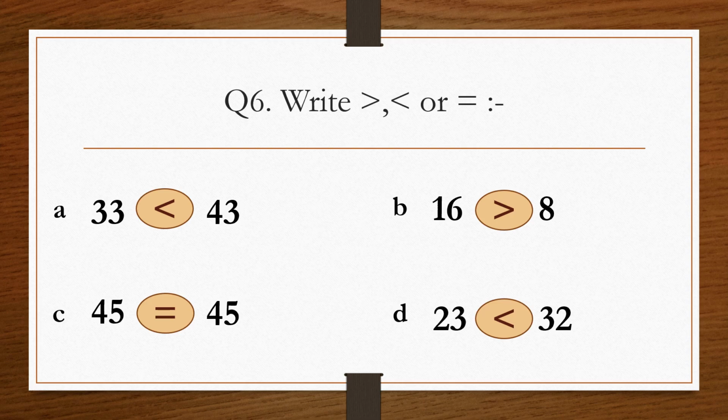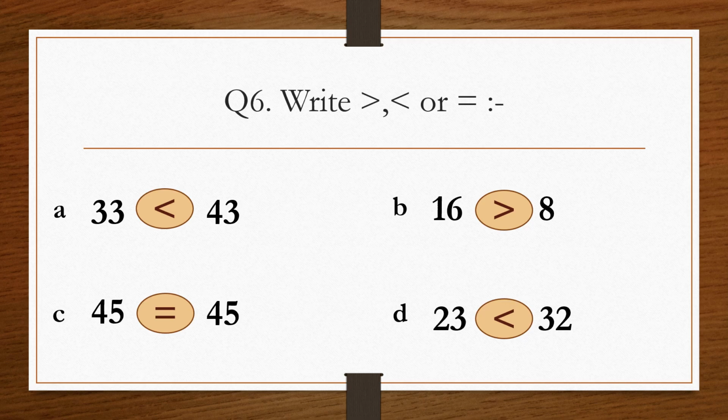Number B, 16 and 8. Now you can see that 16 is greater than 8. So you will put the sign of greater than towards 16. You will open the mouth of the sign at the side of 16.